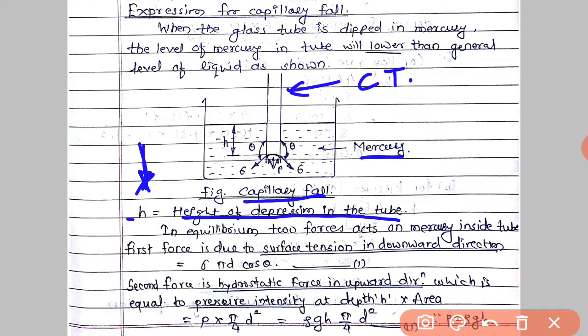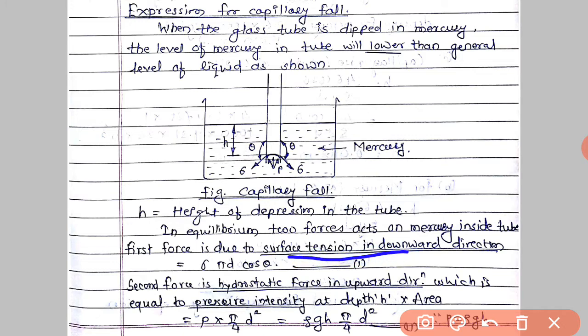So in this diagram only two forces act. The first force is the surface tension force, which acts in the downward direction, and the second force is the hydrostatic force, which acts in the upward direction.